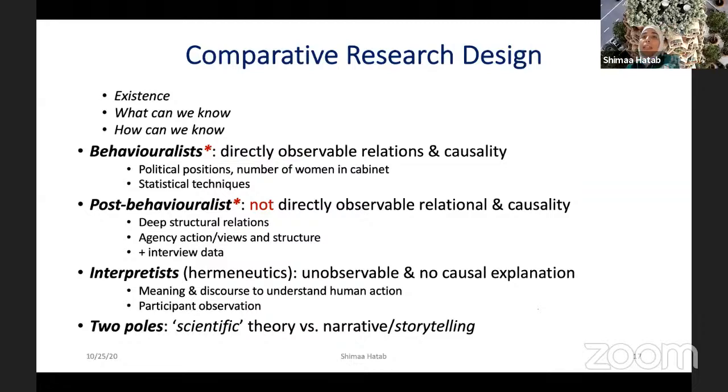If you believe that there is causality, you can come up with general and causal statements about social and political phenomena, and you believe there is a directly observed relationship between two variables, then you are a behavioralist, or positivist. And you need to use these hard tools to investigate the issue under investigation.